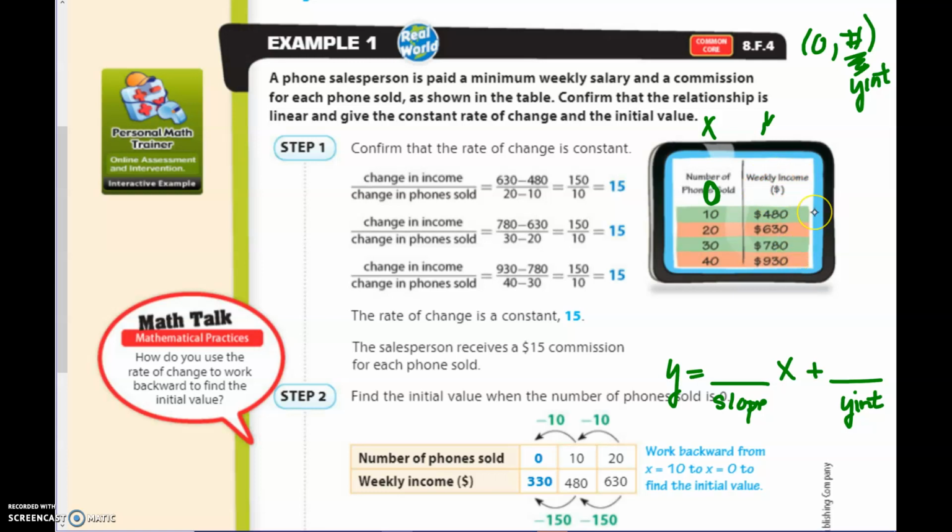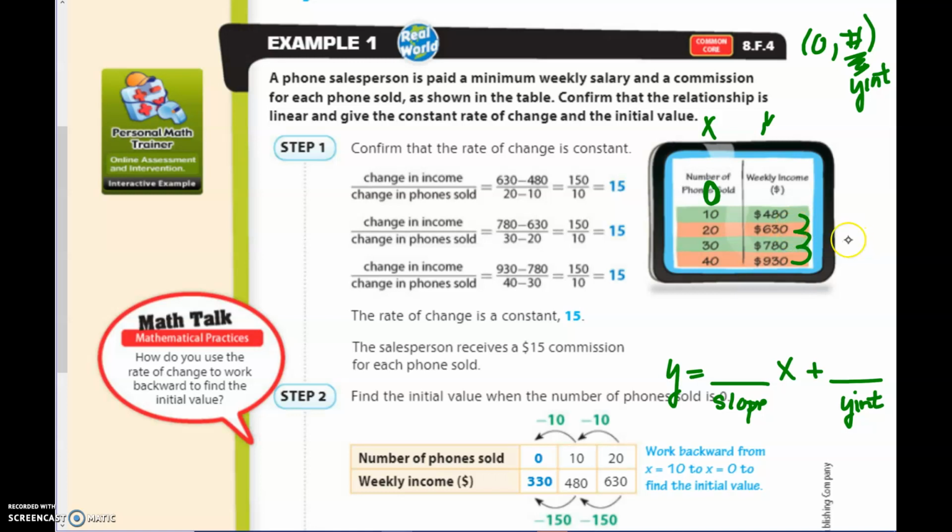So if I take 930, I've got to find out what this pattern is. What is this changing by every time? So let's take 930 and subtract 780 from that. And I get, let's see, 930 minus 780, and I get 150. So now if I take 780 and subtract 150, do I get the next number, 630?